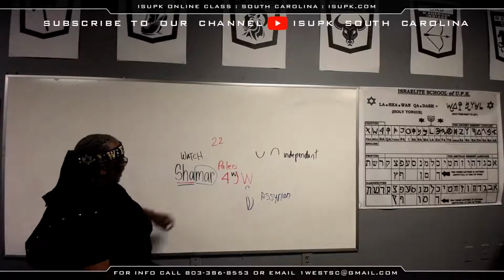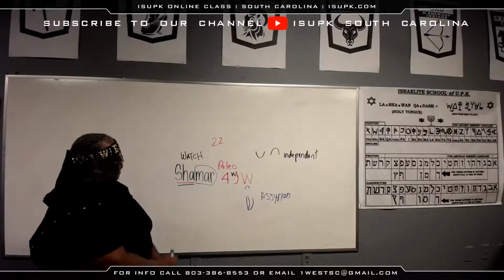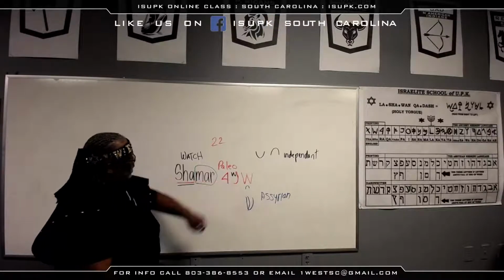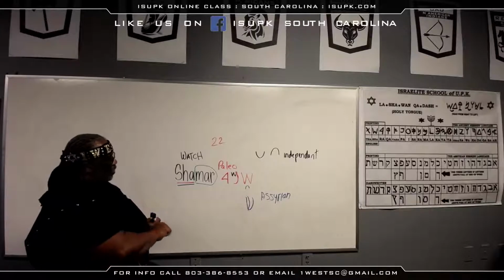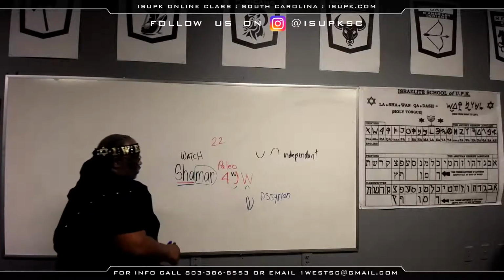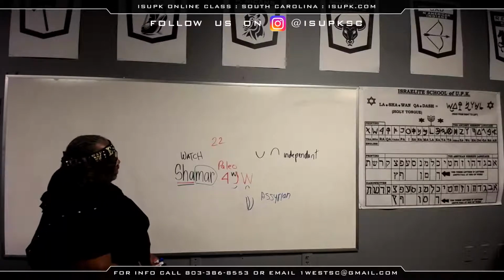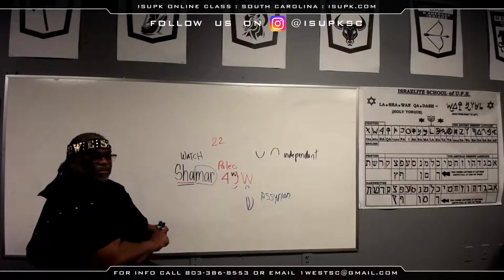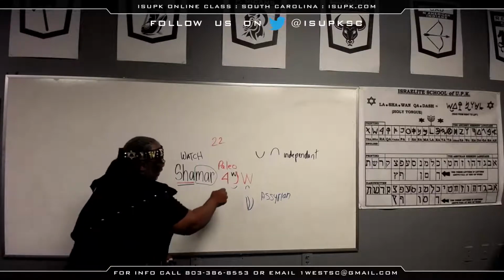If you want this sound, you have to use this M and that R. But how do you know what it sounds like? Because we're going to put a connector and connect the two together, which looks like that. And so we say Shamar, just like that.